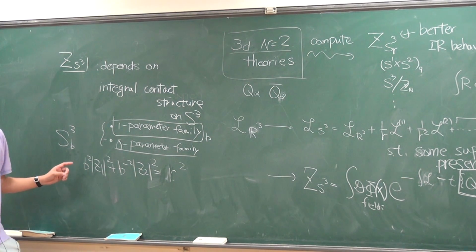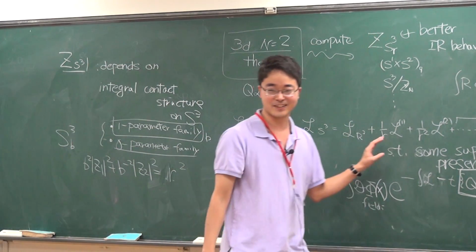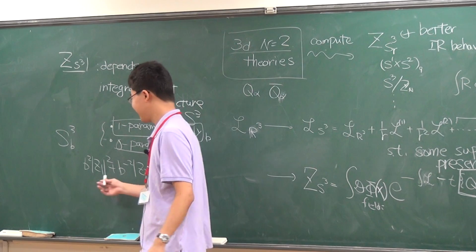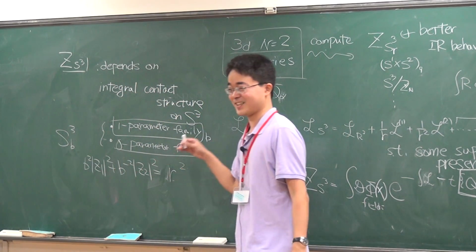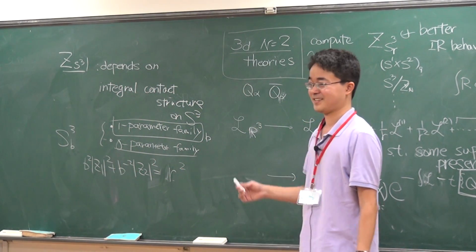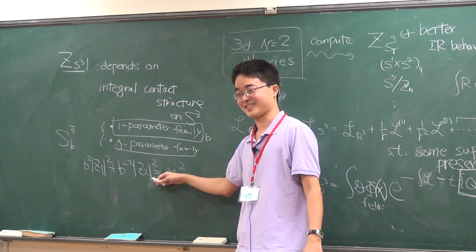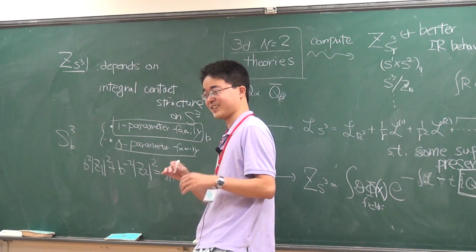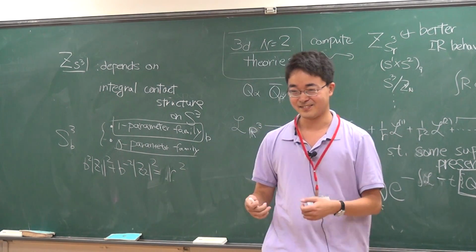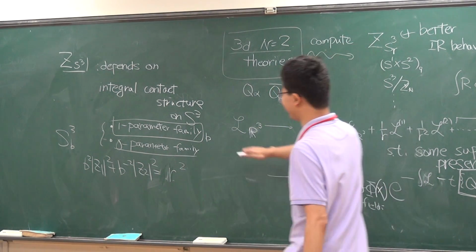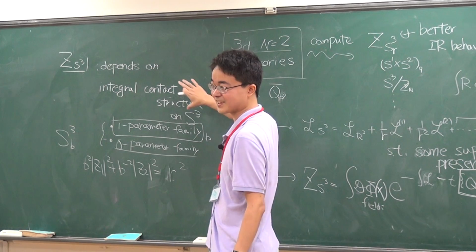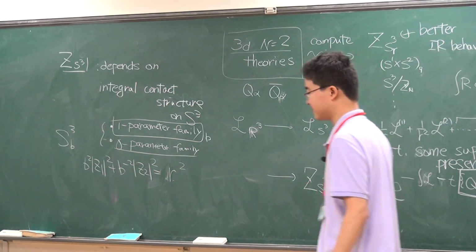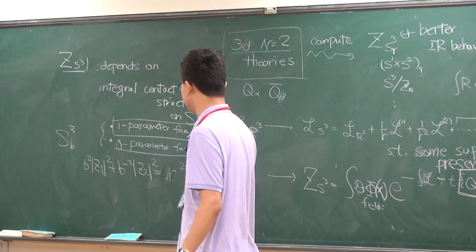In fact, there is another way of putting supersymmetry on S^3, different from that, which preserves SU(2) times U(1) symmetry. Nevertheless, it gives the same answer. So even though the amount of symmetry preserved is different, they might have the same answer. That's related to the fact that only some information out of the whole metric appears in the S^3 partition function.